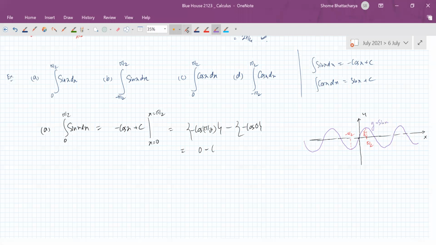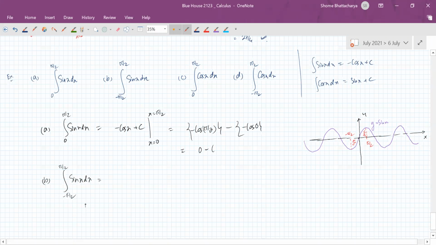And that is why the second one, interestingly, will come out to be 0, because any area that is below the x-axis will be considered with a negative sign. So what will happen is that you're taking the algebraic sum of this area and this area. When we are taking the limits from minus pi by 2 to plus pi by 2, it comes out to be 0 because of that.